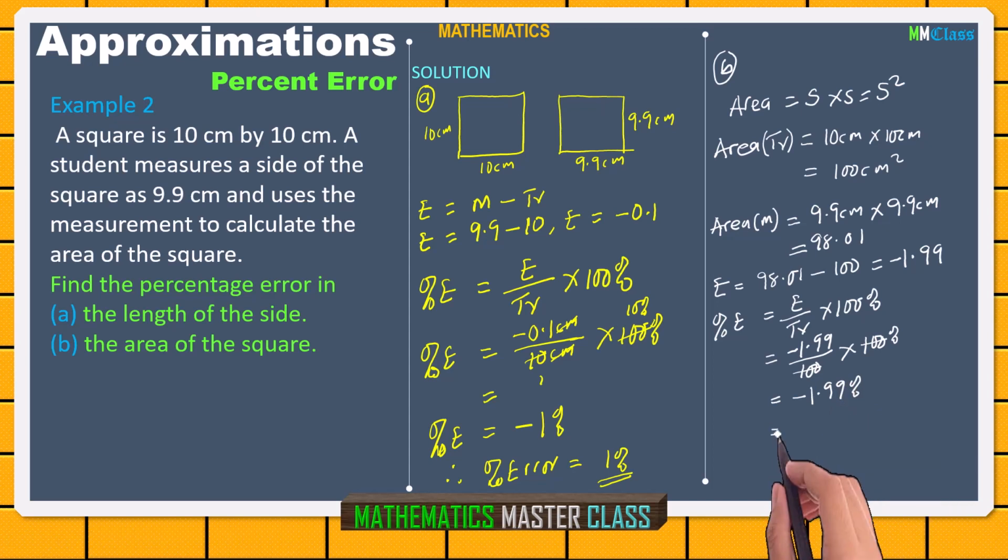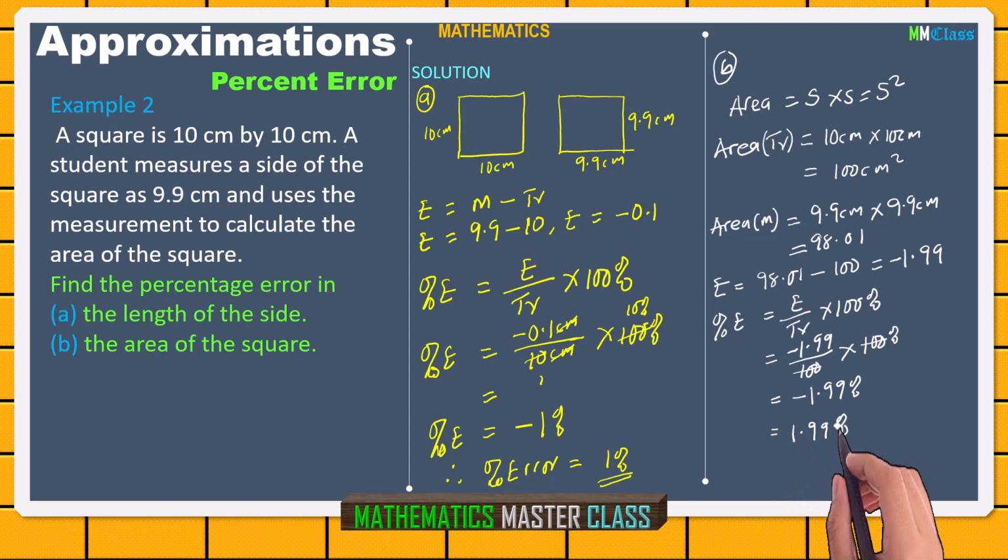Like I said before, the area of a shape cannot take a negative value. So the percentage error also cannot take a negative value. So our final answer will be 1.99%. Therefore, the percentage error is equal to 1.99%. Thank you.